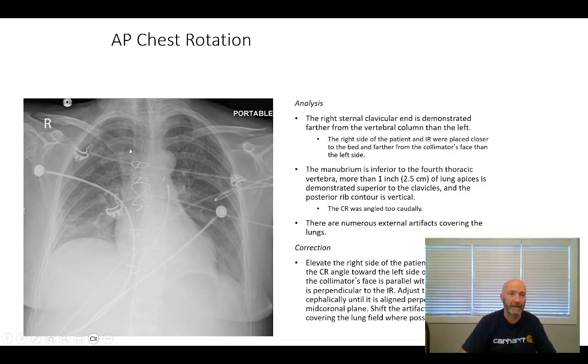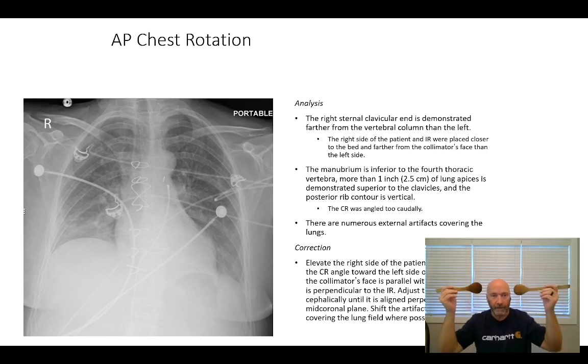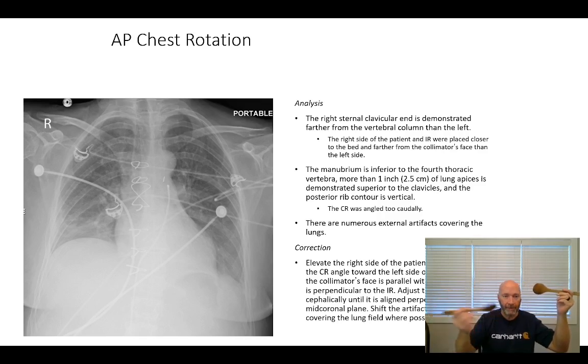So this patient is in an RPO position, if the patient is AP. AP projection, RPO position. If the patient was in an LPO position, we would see separation between this clavicle and the spine.